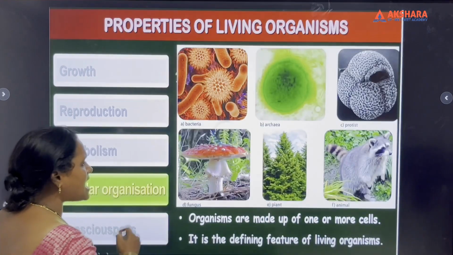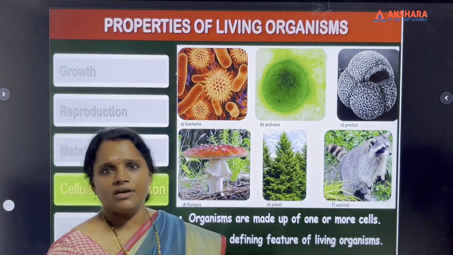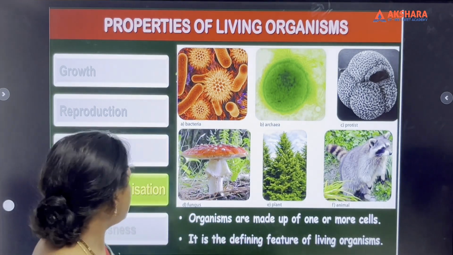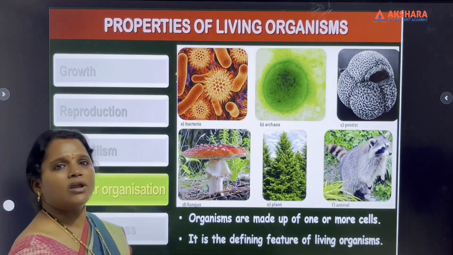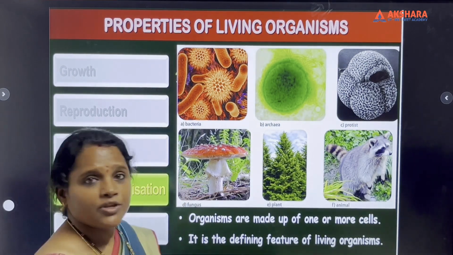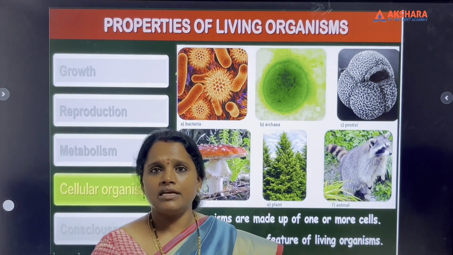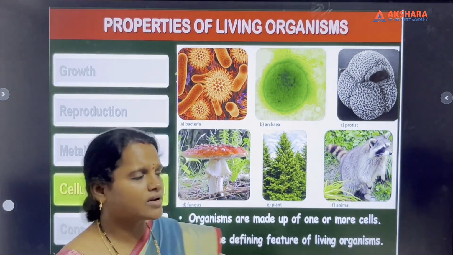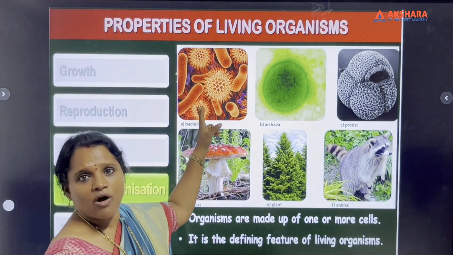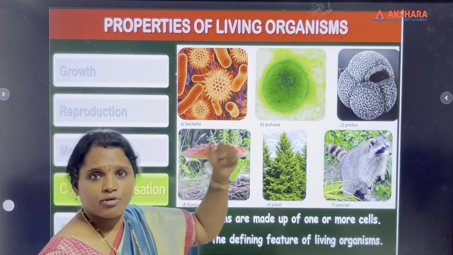Let's take the next character, consciousness. All living organisms have consciousness and cellular organization. What is cellular organization? Life on the planet started as a single-celled organism, a single-cell bacterium, the cyanobacteria.